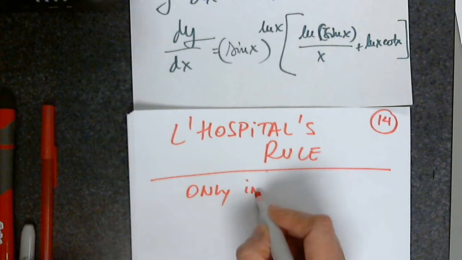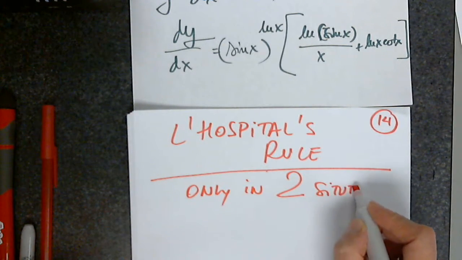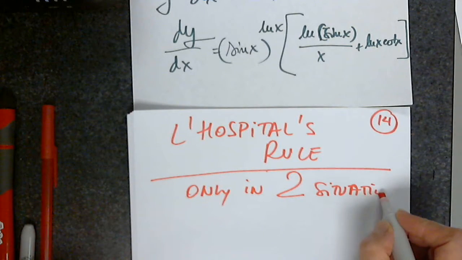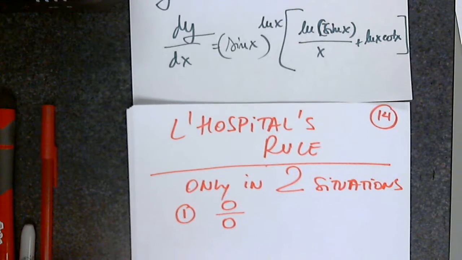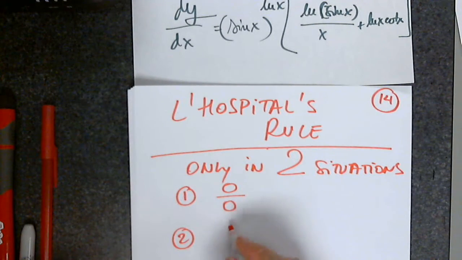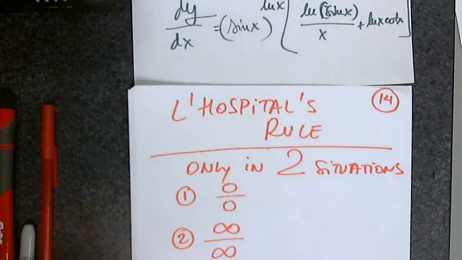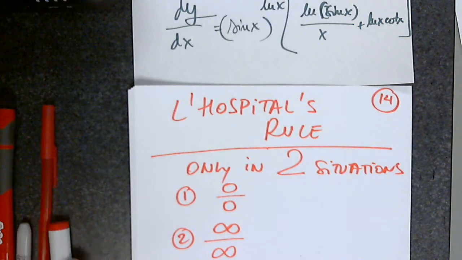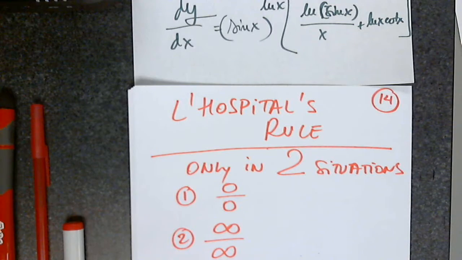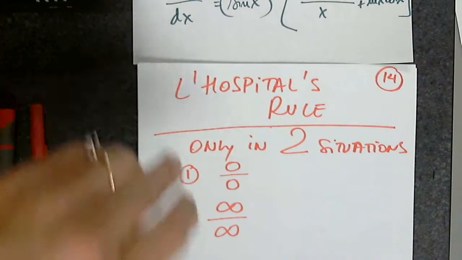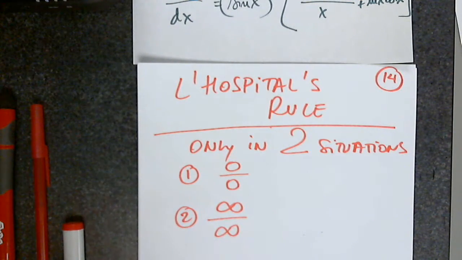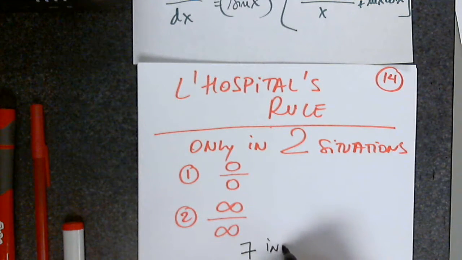Only in two situations. One situation is 0 over 0, and the second situation is infinity over infinity. I know we did not get examples from all situations, but how many indeterminate cases are there? It's okay if you don't remember, there are 7. 7 indeterminate.